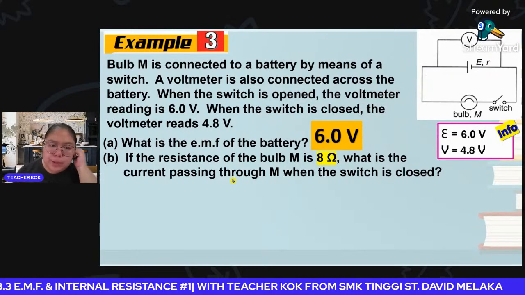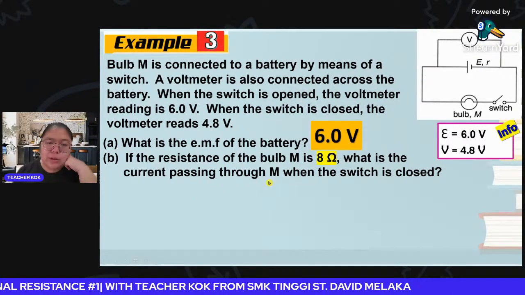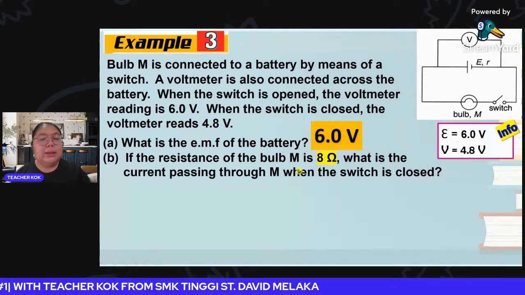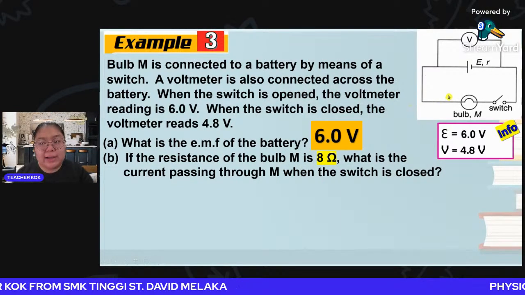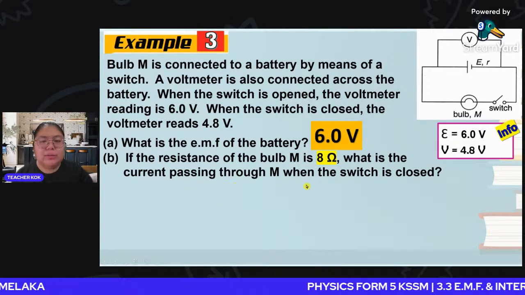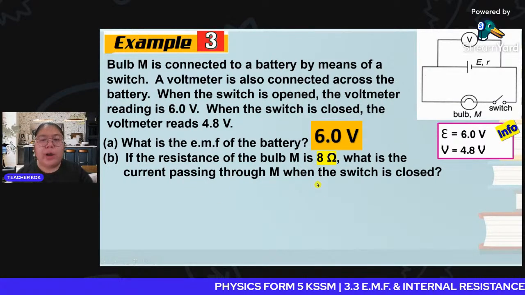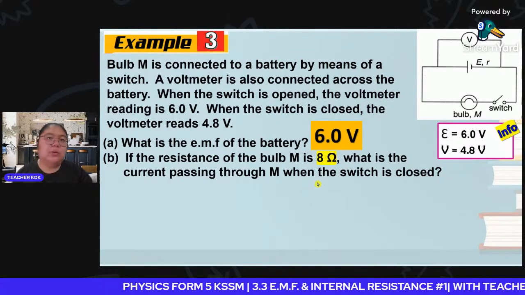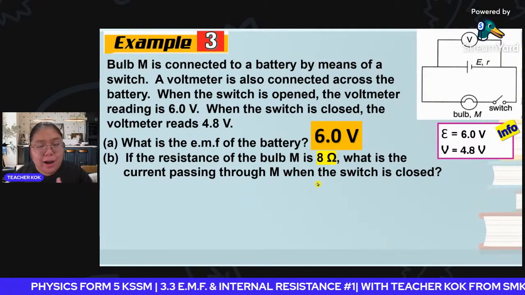Okay, number 2, B. If the resistance of the bulb M is 8 ohm, now they tell you the external is 8 ohm. What is the current passed through the M when the switch is closed? So that means they want to find current.